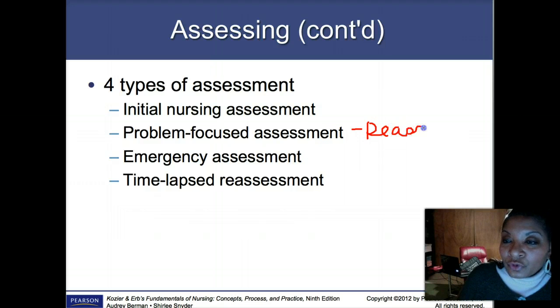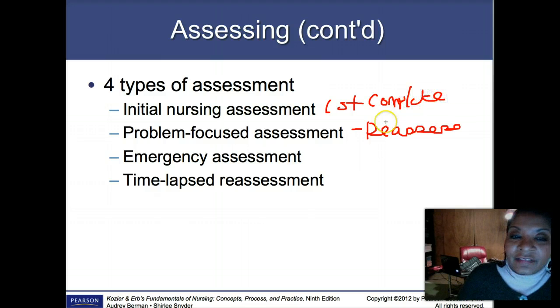Your first assessment might be a complete head-to-toe assessment, and then you might go back and reassess just one particular area.